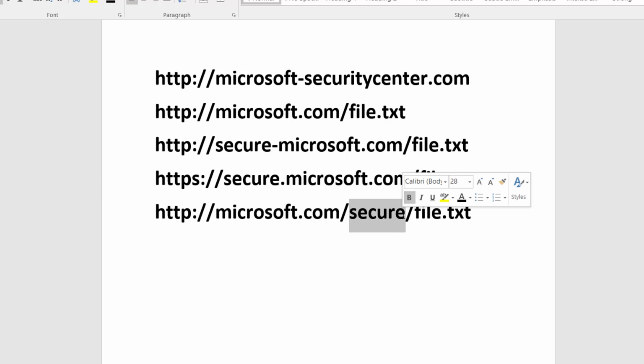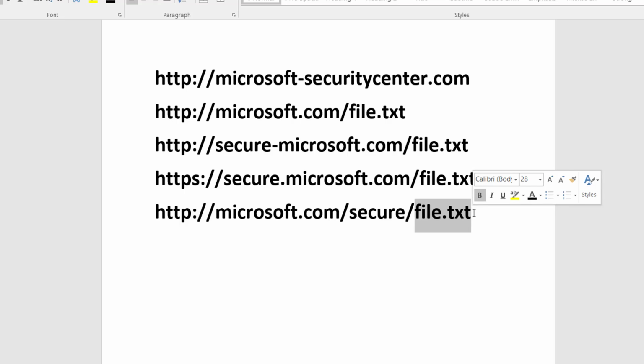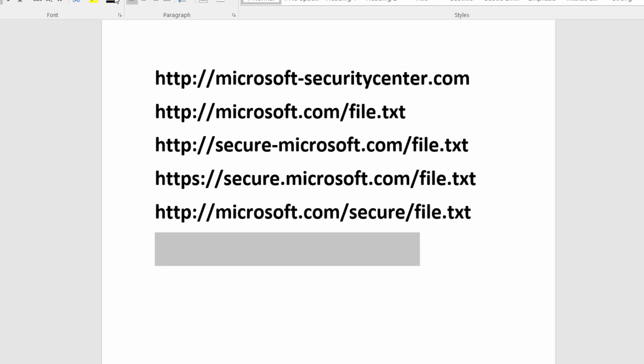Does any of this change whether this is legitimate? /secure without any type of file extension like .txt or .doc or .xls indicates that we are looking at a folder called secure on the web server of Microsoft.com, and within that folder we are looking for a file called file.txt. Now this is unencrypted, however, this would be considered a legitimate domain name.